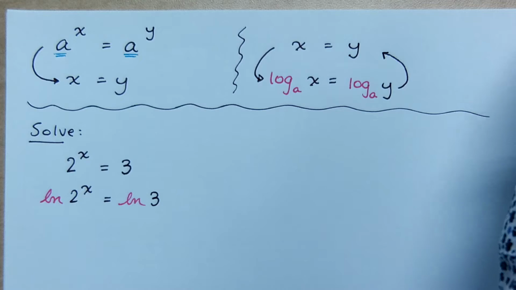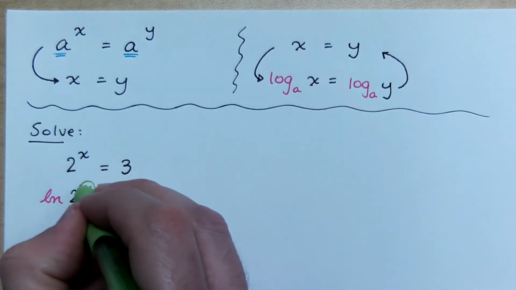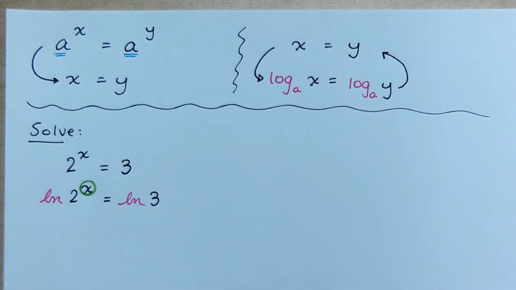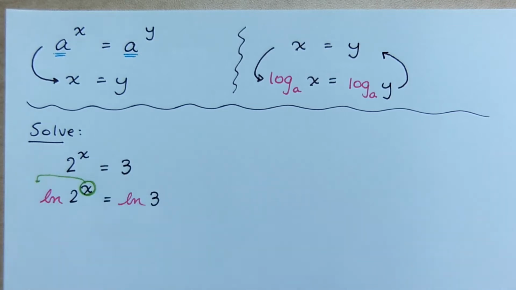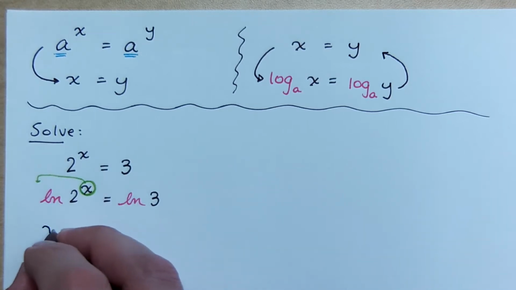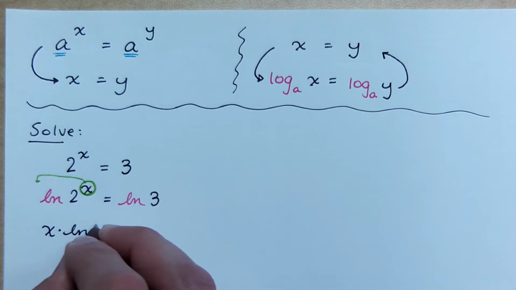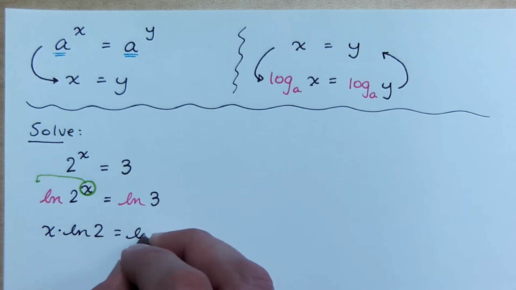By doing so, you now have 2 to the x inside a logarithm, so what can you do to its power? You can now bring the power out to the front. So this becomes x times the natural log of 2 is equal to the natural log of 3.